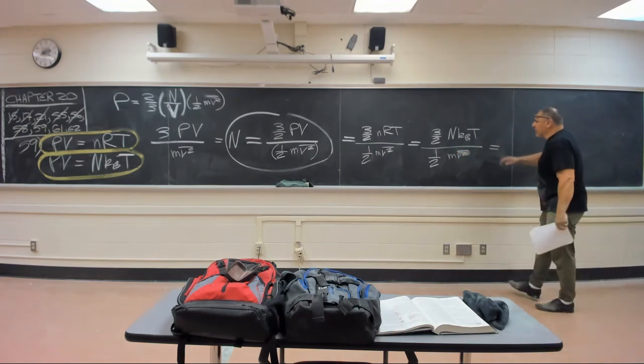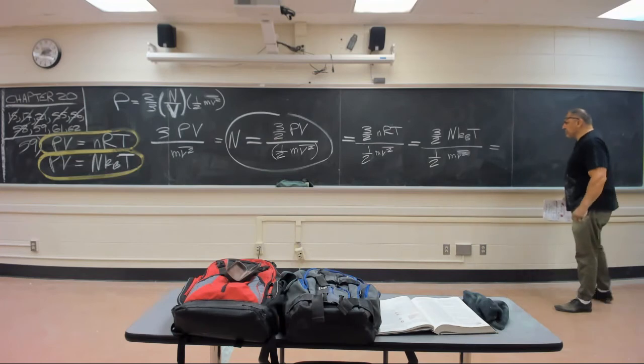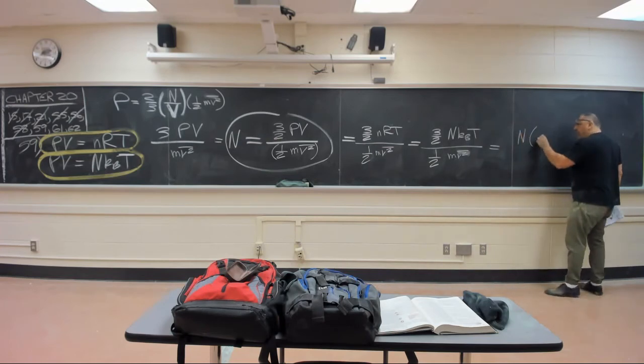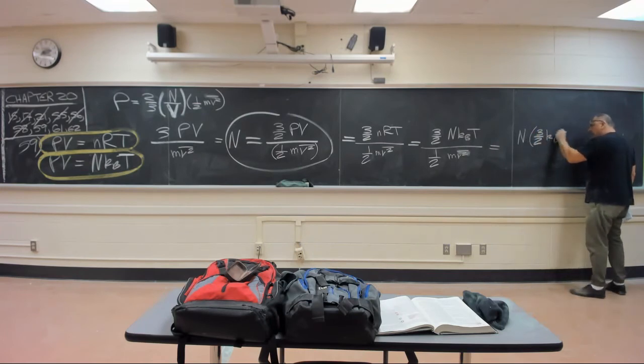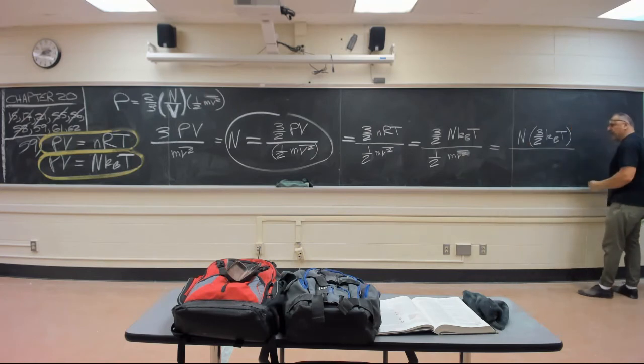This is the total energy in the system. This is what is happening per particle. If this is the energy per particle and this is the total energy that is present, per particle you got 3/2 kBT on average.